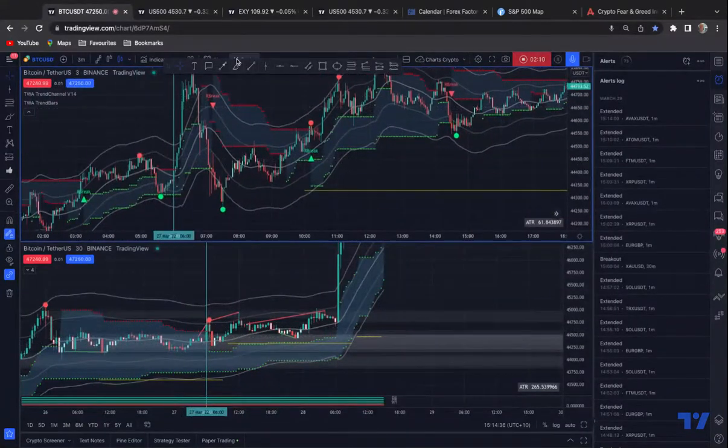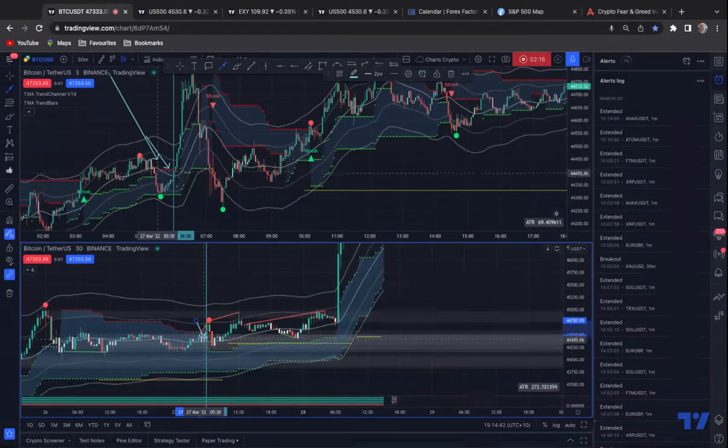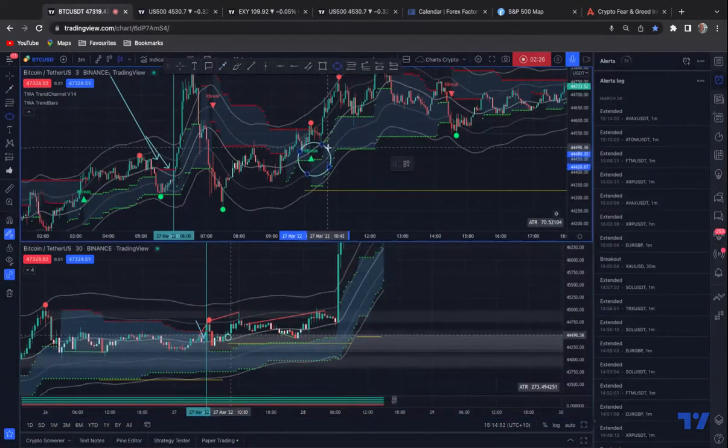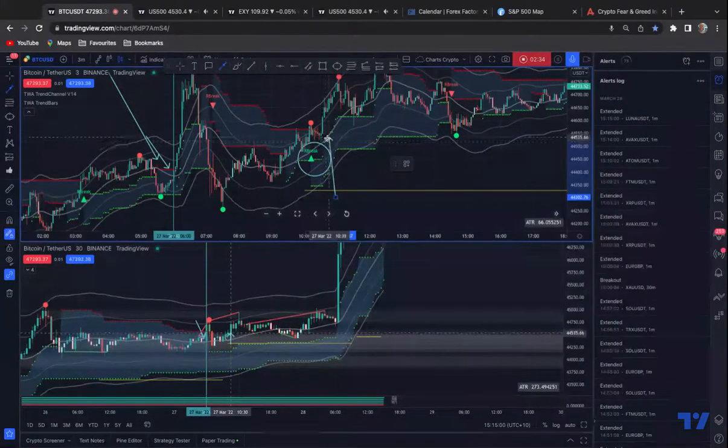So any time after this line here, we take a green breakout signal on the 3-minute chart, and there is our entry right here. Breakout, pull back into the mean, and that's our entry point right there.